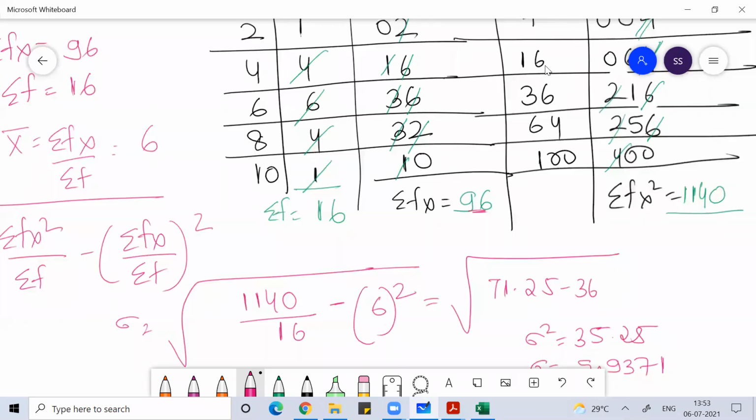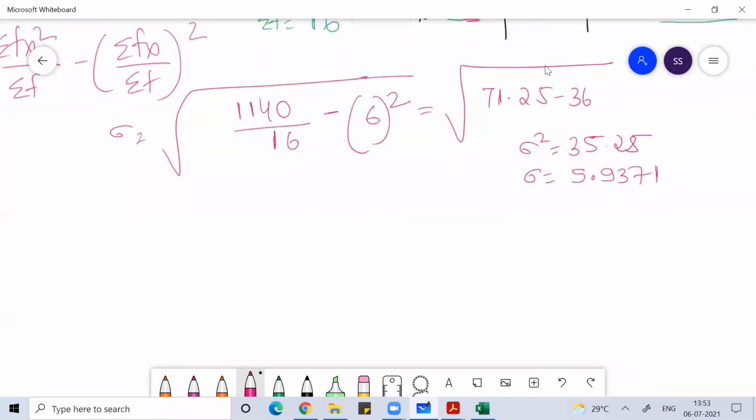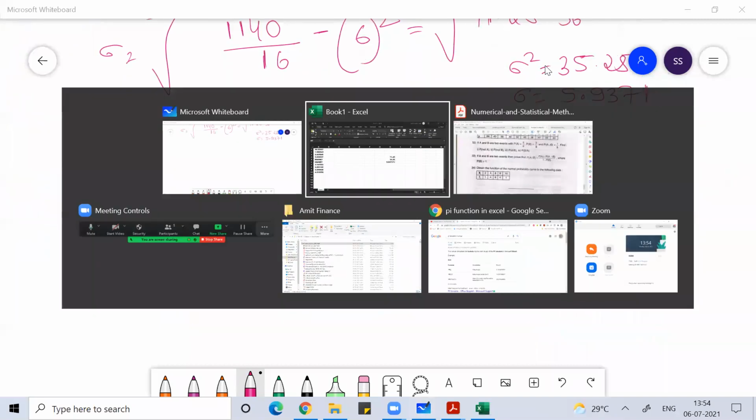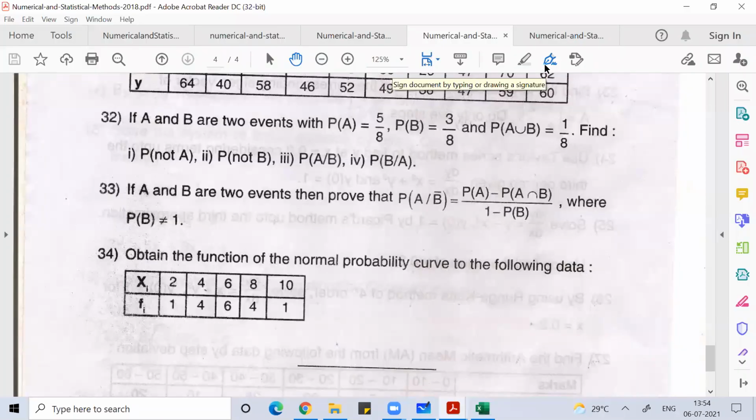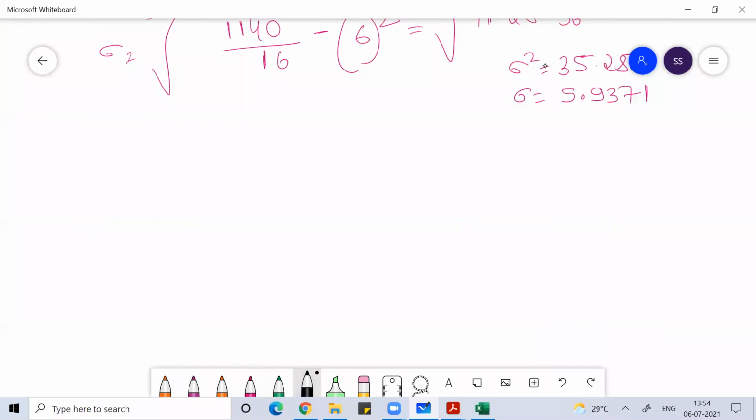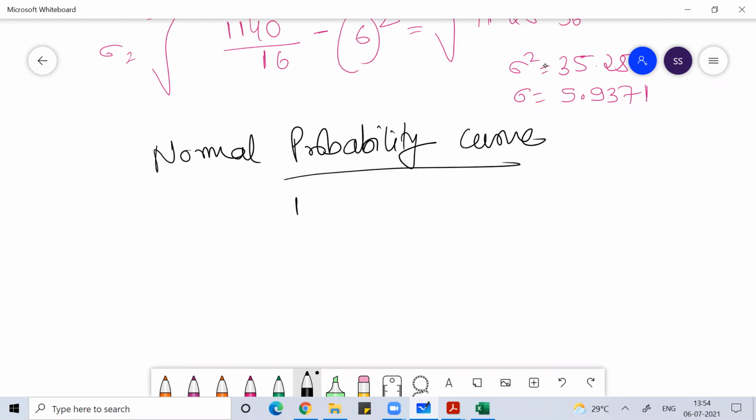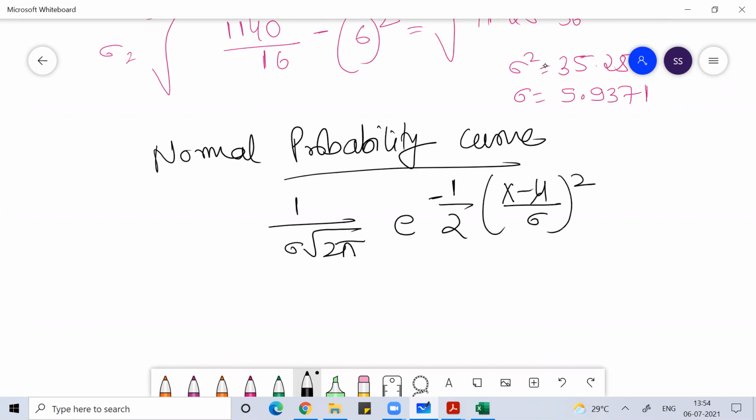Clear, everyone? Once you get this, now I can find the normal probability curve. So that would be 1 by sigma root 2 pi, e to the power minus 1 by 2 ((x minus mu) by sigma) whole square.